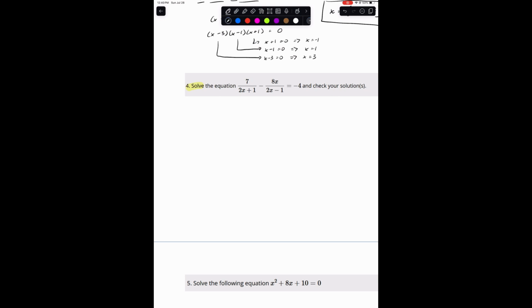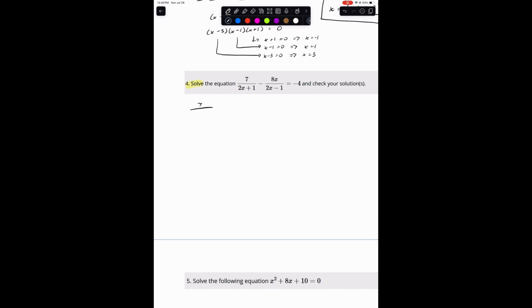So first off, I would like to have similar or the same denominator, right? So we have 7 over 2x + 1 minus 8x over 2x - 1 equals negative 4 over 1, right? The common denominator, and we can just multiply them all.